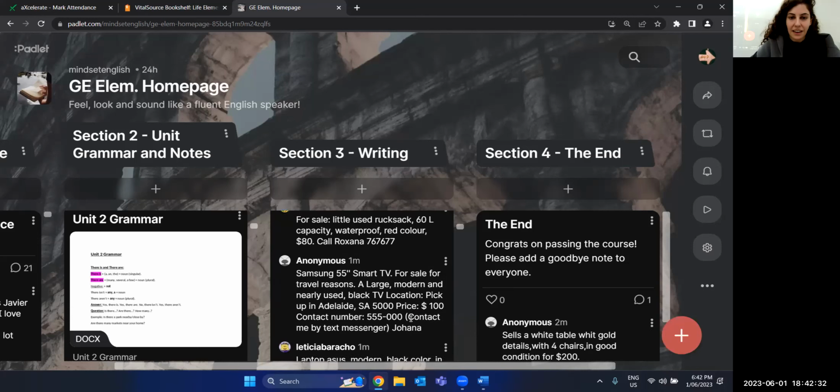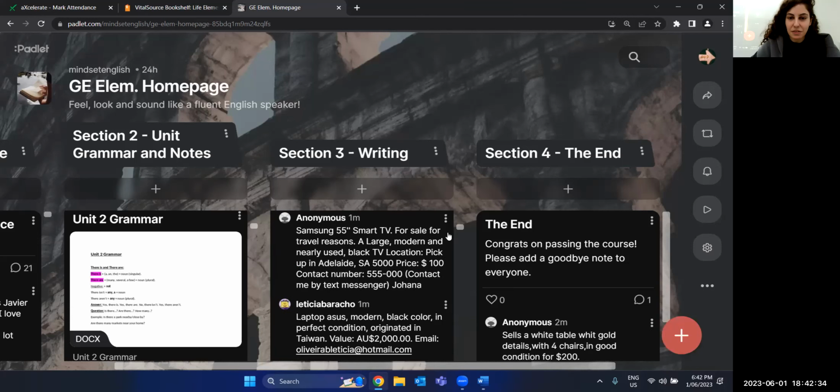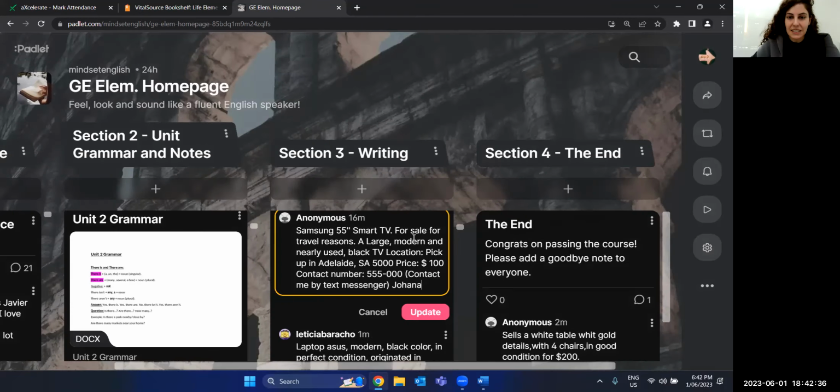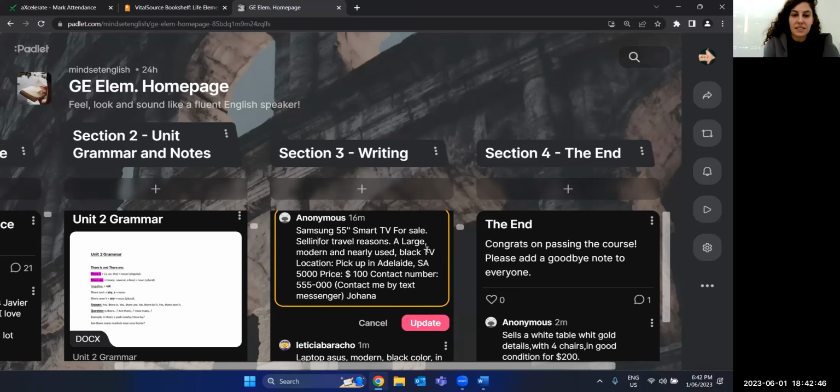Good. Okay, Samsung 55-inch smart TV for sale. So are you selling for travel reasons? So selling due to, that means because, due to traveling.